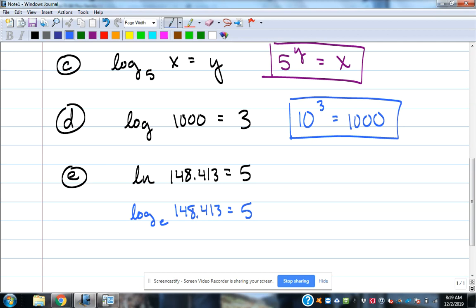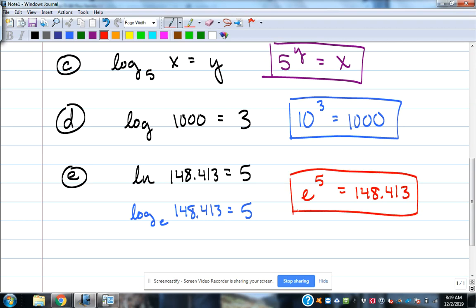That's what you want to think. So if we're going to rewrite that, it would be a base of e, exponent of 5. Again, they're going to write it ln, but you know that that's log base e is what that stands for.